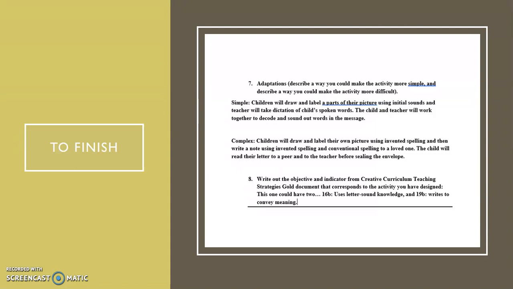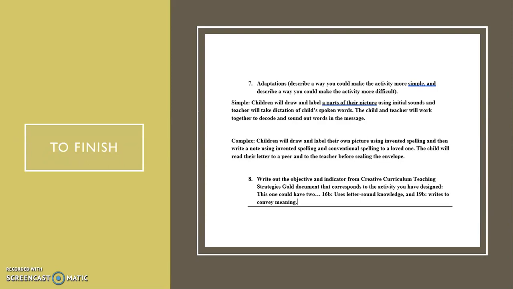So for the simple way to, oh, you can see all my typos. That's okay. So for simple, the children will draw and label parts of their picture using initial sounds, and the teacher will take dictation of the child's spoken words. The child and teacher will work together to decode, so that means to sound out, words in the message.